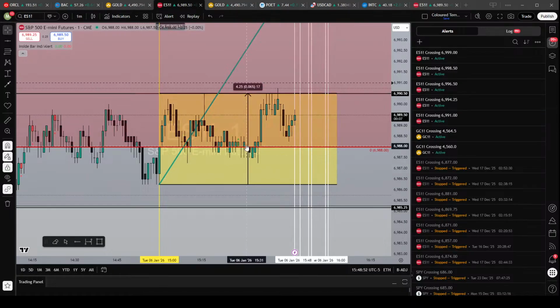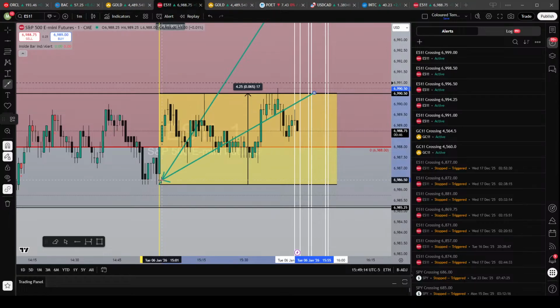I'm not too concerned since they at least broke above, but not closing above is what puts us at risk of retesting this.